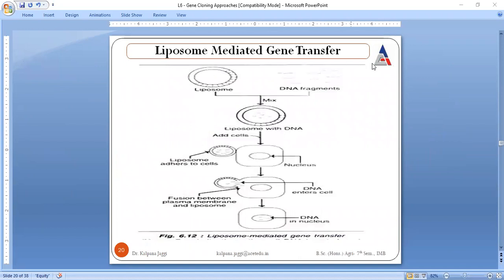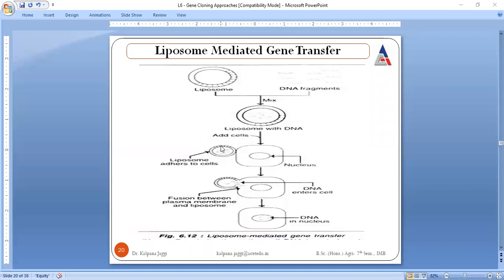So this is the liposome mediated method. The very first part is that you have to transfer the DNA fragment into the liposome, right? So you are mixing both parts. The liposome has the DNA constituted within it. Now these liposomes are responsible for the transfer of the gene into the protoplast.